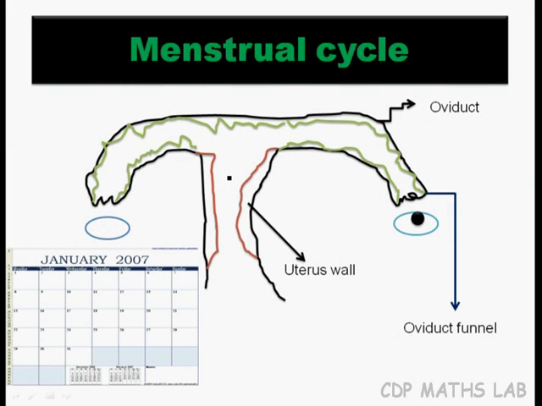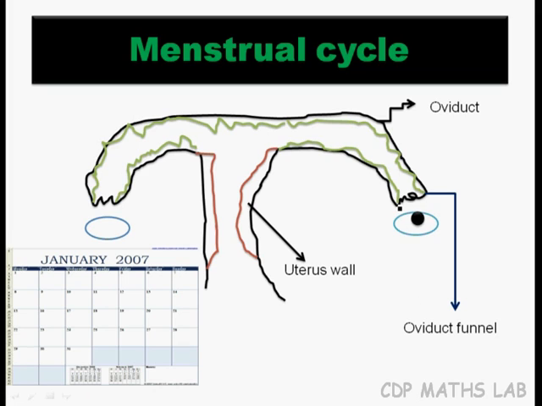Okay. Now we're going to be looking at the menstrual cycle. Now, as you know, this area of the female reproductive system is called the oviduct, or sometimes called the fallopian tube. Now, this area, the finger-like structure, is also called the oviduct what? Funnel.